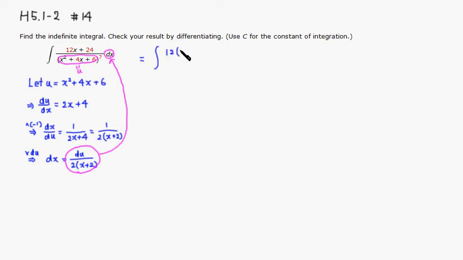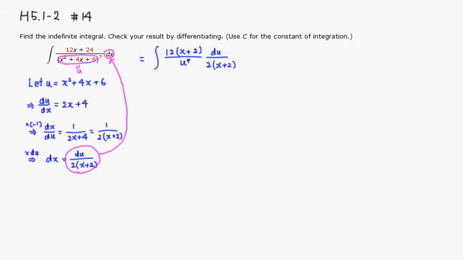Then you have x, and if you pull out 12 from 24, you have 2 left over. Then here on the bottom, this is u, so you have a u raised to the 7th power. And dx can be rewritten as du over 2 times quantity x plus 2.